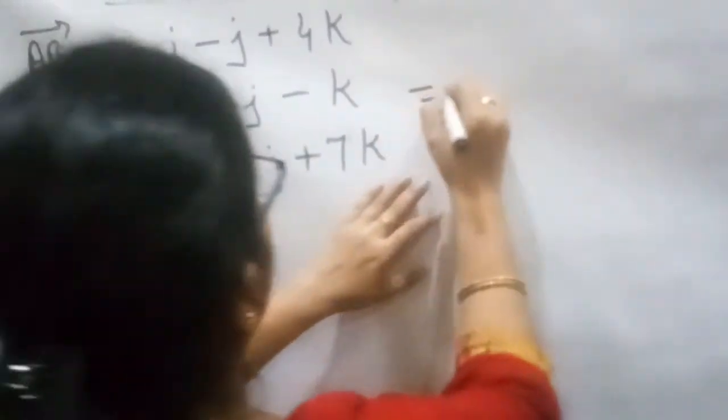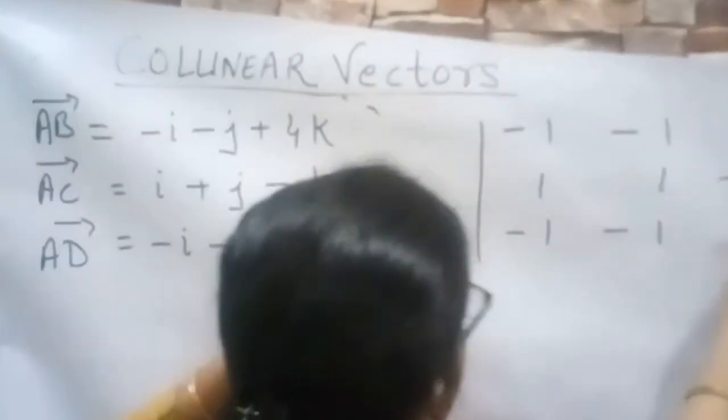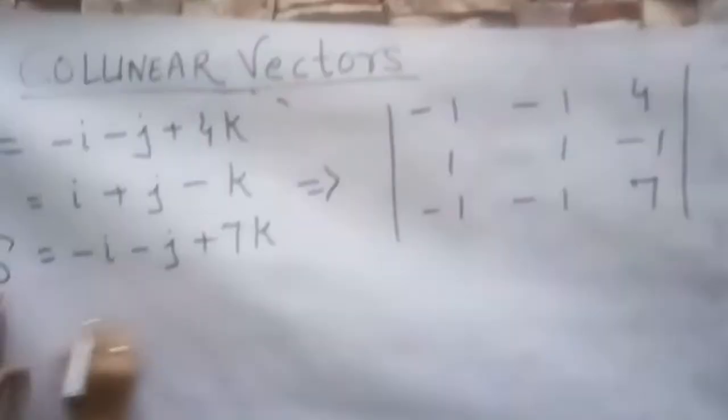Now we again follow the same process which I told you earlier in the case of three vectors. When we get the answer 0, then all four vectors are coplanar, and if we do not get 0, then they are not. Now I am going to check the coefficients: minus 1 and 4, another vector 1 and minus 1, last one minus 1 and 7. Now just solve this value.